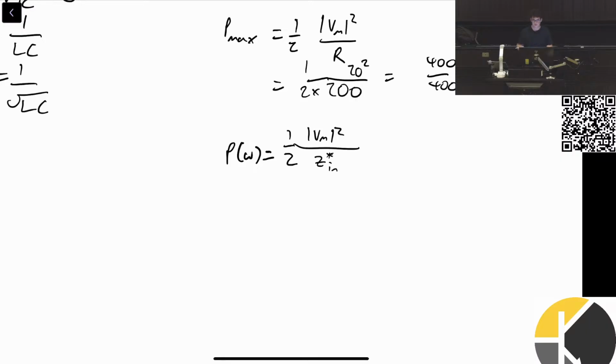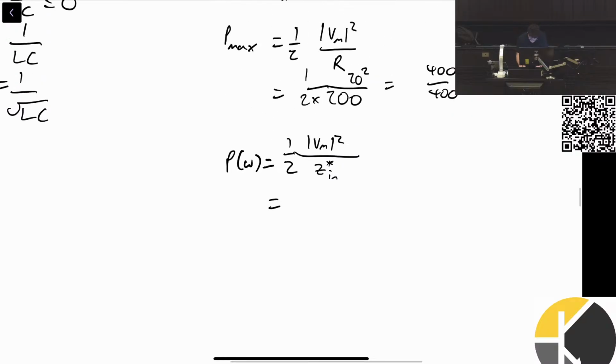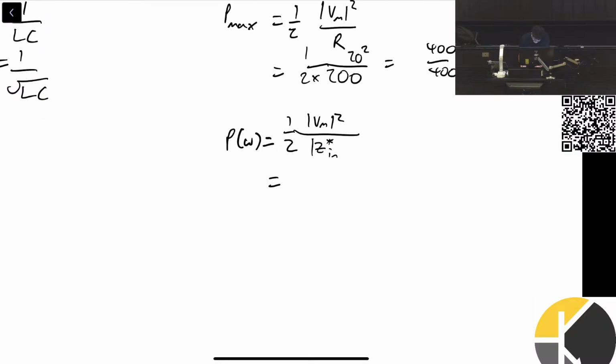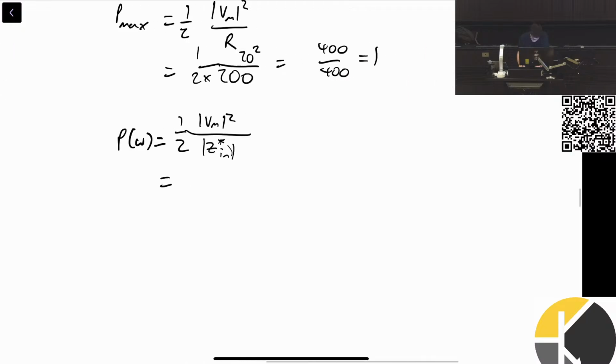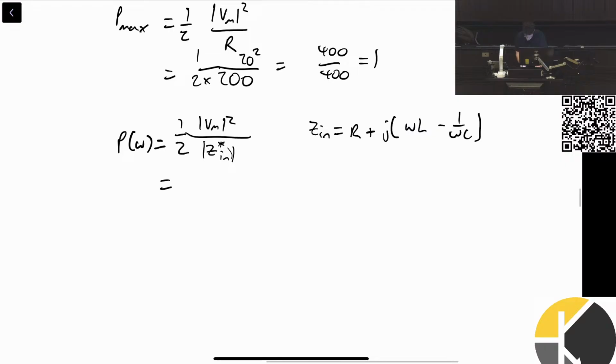Divide by 2, because, like I said, I keep repeating myself, non-RMS units. Okay, let's write down this input impedance. So Zin is equal to R plus j(omega L minus 1 on omega C), as we calculated in the first part of this question.